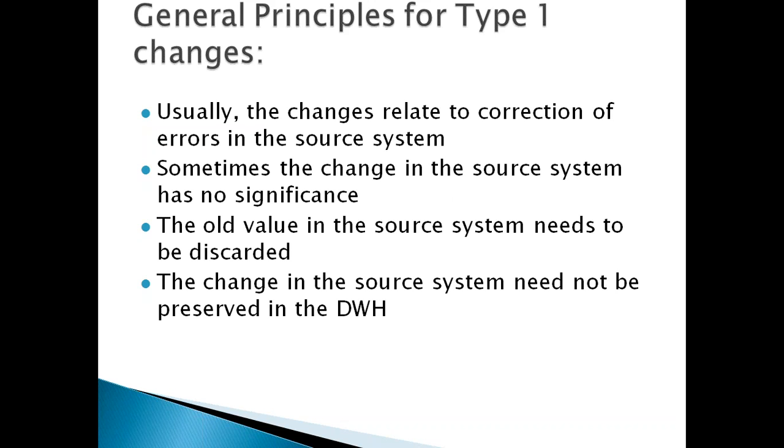The change in the source system need not be preserved in the data warehouse also. These kinds of errors need not be preserved in the data warehouse. In the data warehouse also the values will be overridden with the new values, because there is no significance of the error that you are getting. Okay. So this is your type 1.